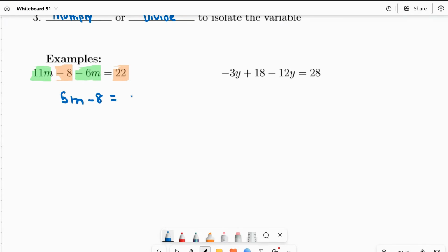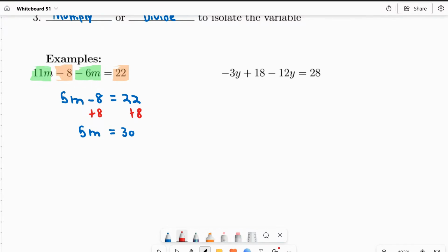minus 8 equals 22. Now for step 2, I'm going to try to isolate my variable. So I'm going to move my constant. So right now, I have minus 8. So I'm going to add 8 to both sides. This will give me 5m equals 22 plus 8, which is 30. Now I'm going to undo my coefficient.